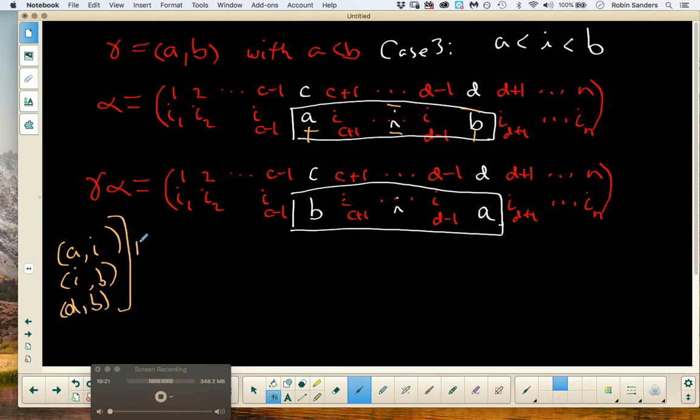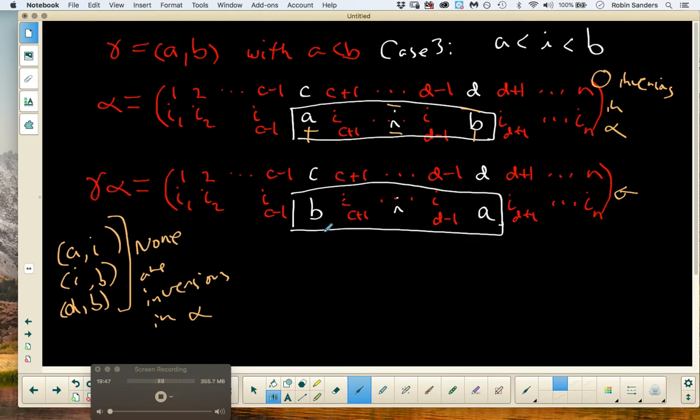None of these are inversions in alpha. So in this case, there are 0 inversions in alpha.